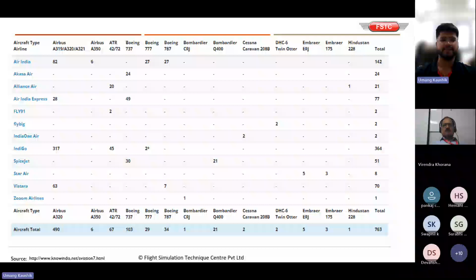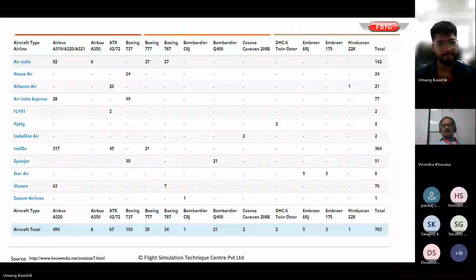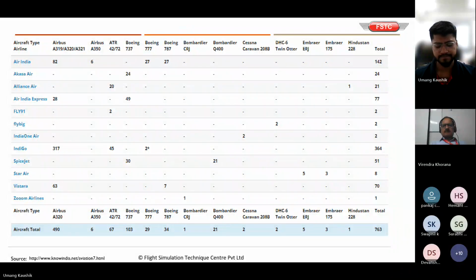Pranav sir, can you explain this to these guys? What is the major difference between 777 and 787? Pranav sir? I guess he's not audible. Shubhranshu sir, you can take the call.